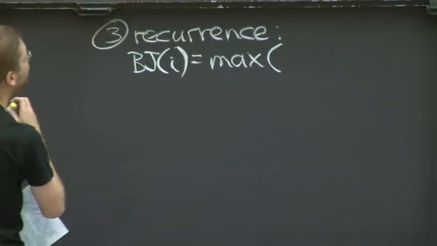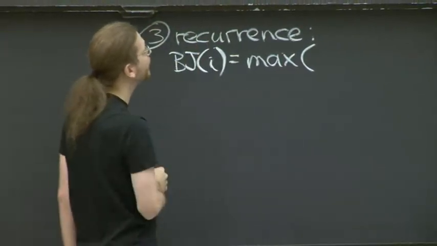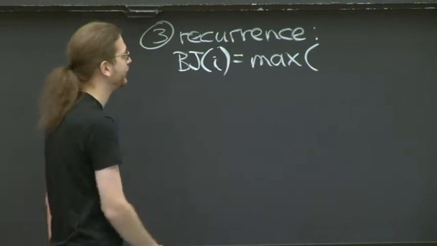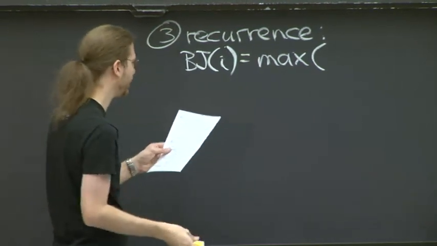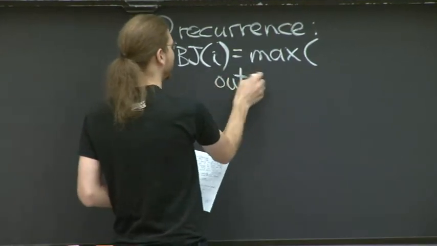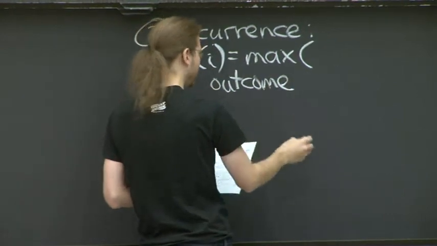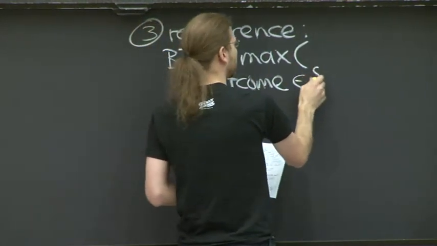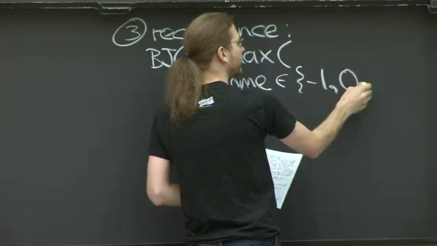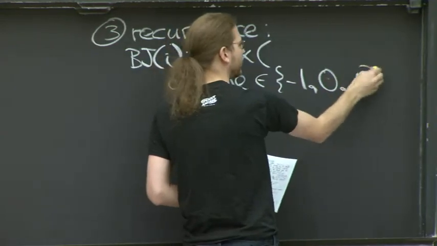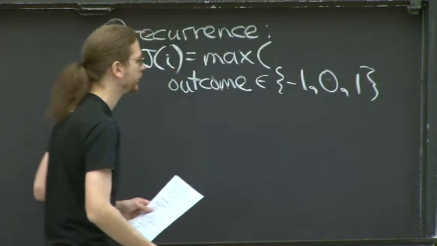And what's the winnings if I decide to hit this many times? It's a little bit hard to write down the exact formula. I'm going to write a rough version, which is the outcome of that first play. It's going to be either I lose $1, we tie, or I win $1.